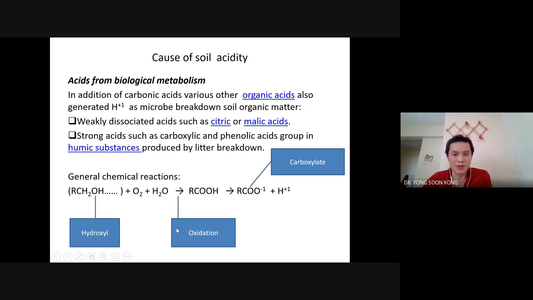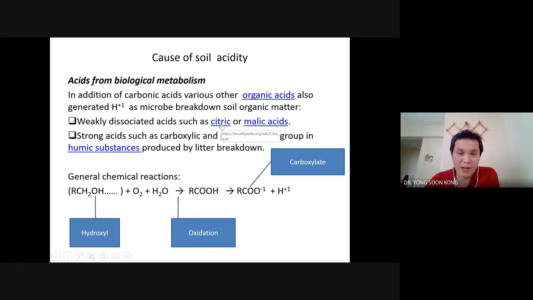So I think that clarifies everything. It comes from organic matter, and due to microbial oxidation, they break down and oxidize it, giving you this carboxylic acid. And one of the common organic acids produced from microbial metabolism includes citric acid.